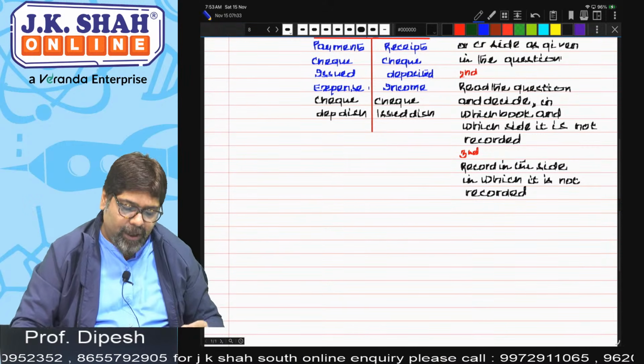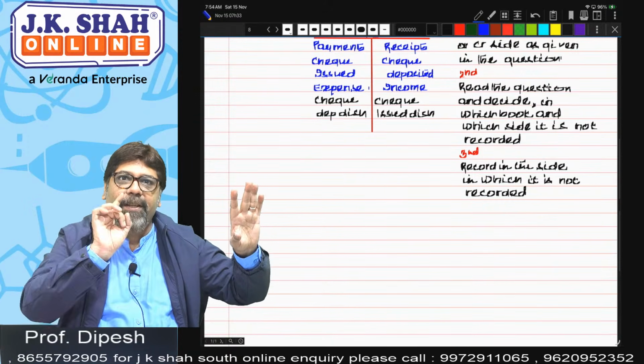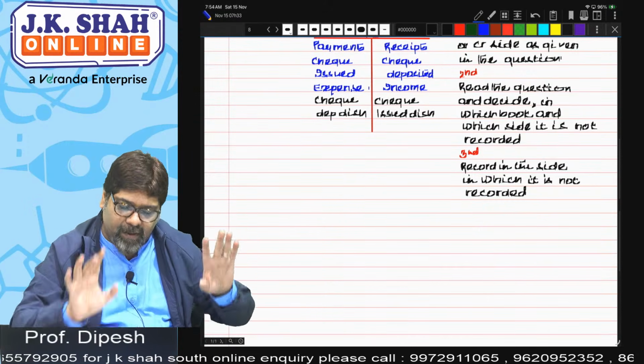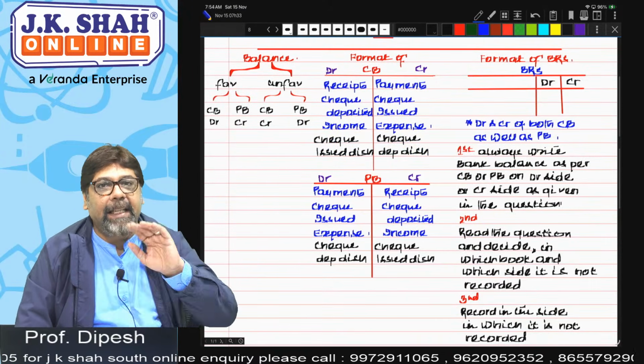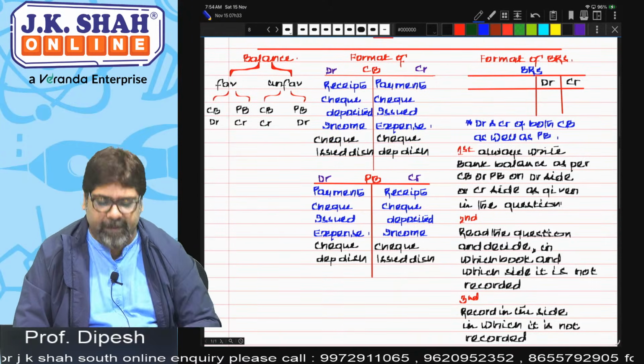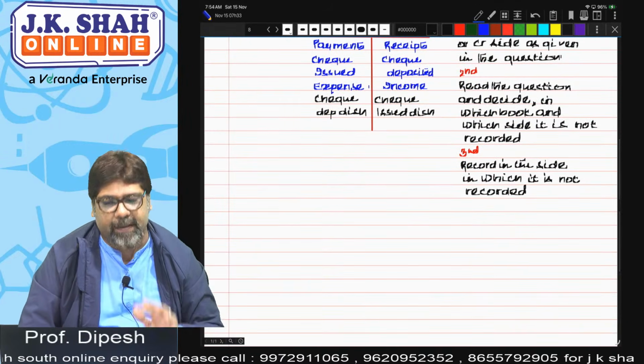Correct? So first write the opening balance, then read the question and decide in which book and which side it is not recorded. Depending upon this, you will record in the side in which it is not recorded. So the second and third process you will go on doing for every transaction.